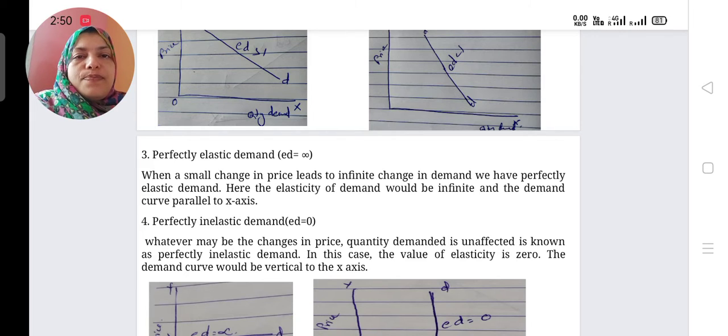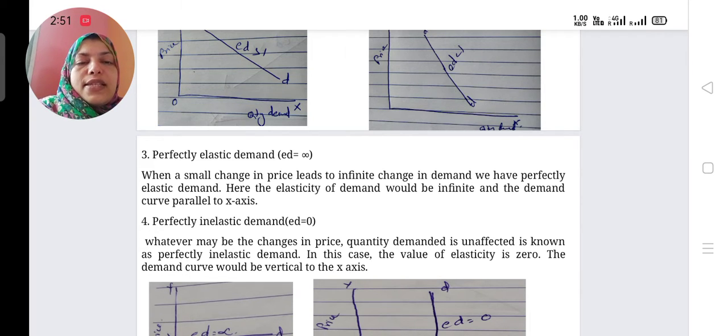For example, if the gold price is changed to 10,000 rupees, how much demand will rise cannot be predicted, because now the price of gold is very high. So if it is changed to a lower price, the demand will be more. We cannot predict the count. Here the elasticity of demand would be infinite and the demand curve is parallel to the x-axis.